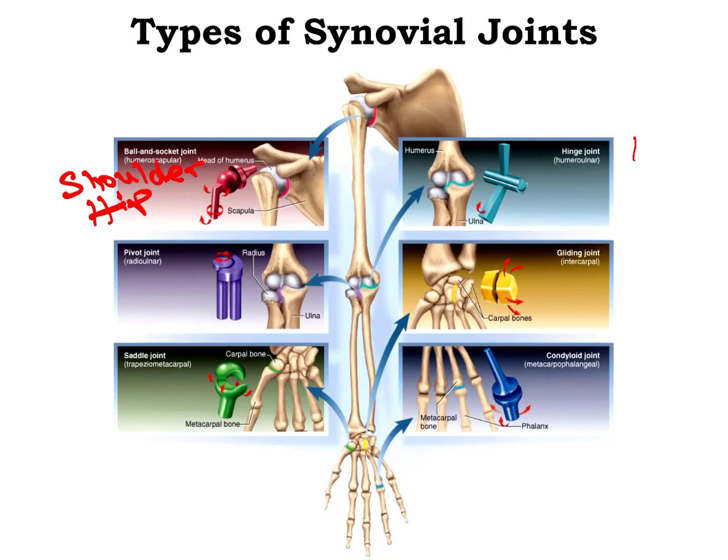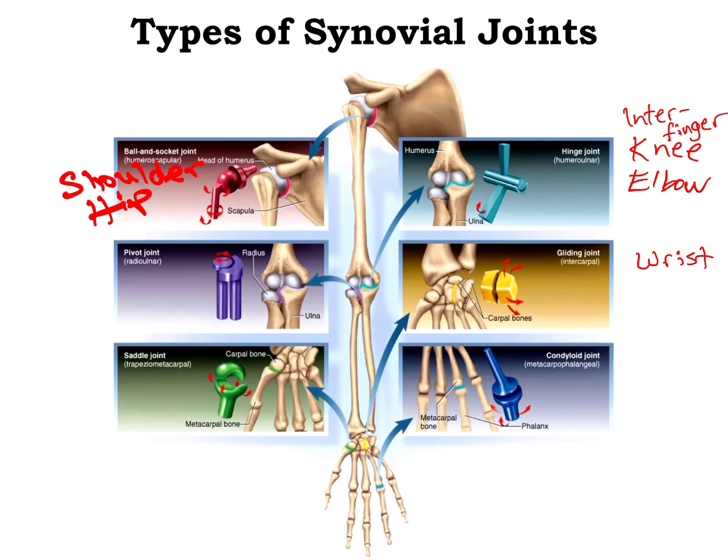So these are major joints that get replaced: knee, elbow, and interphalangeal, or interfinger joints. And then the gliding joint is in your wrist.